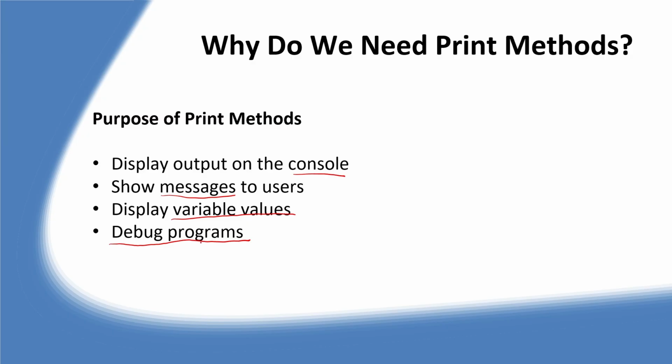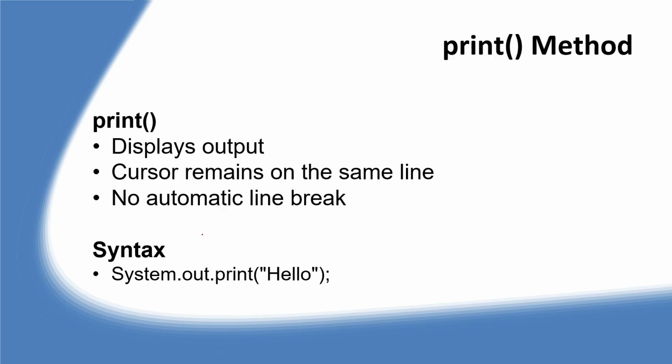So let's go ahead. First is the print method. The print method displays the output on the console without moving the cursor to the next line.